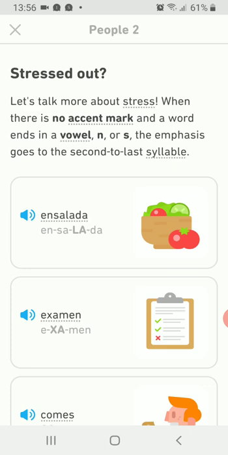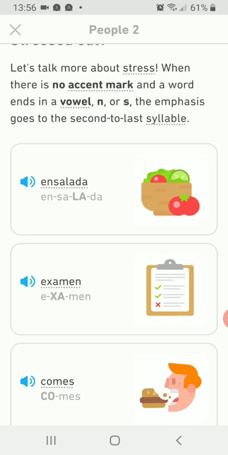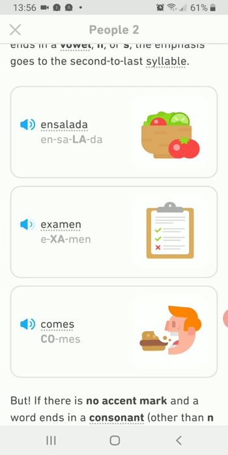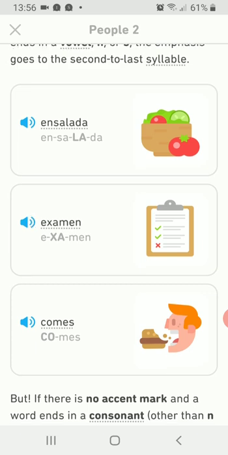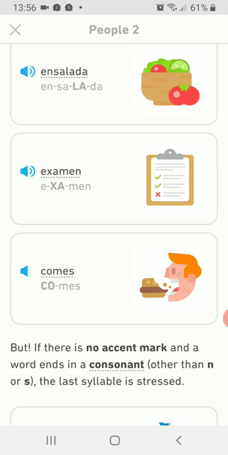When there is no accent mark and a word ends in a vowel, N or S, the emphasis goes to the second to last syllable. So we have some examples here. Ensalada, examen, comes.